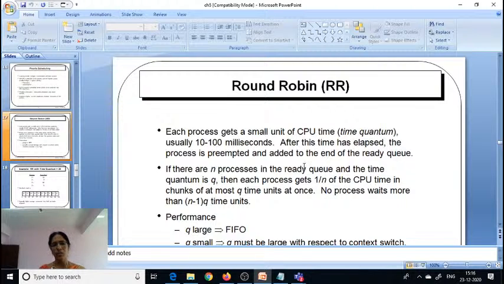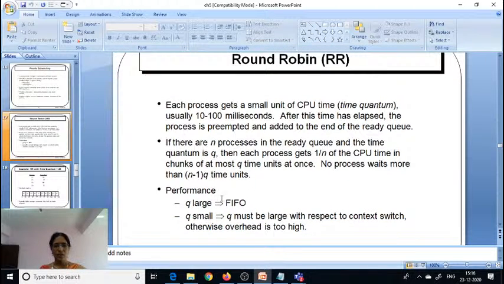How is the next process selected? By which process is first in the ready queue. That means it uses first come first serve manner, but preemptive based on the time quantum. That's why round robin continues until all the processes' burst times are completed.